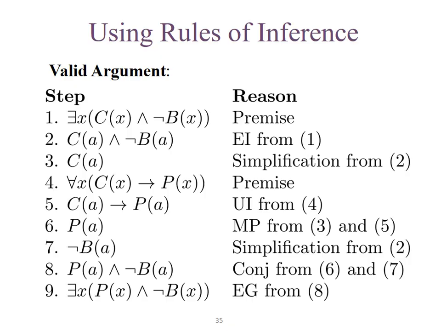Let's see the second premise: for all x, if C of x then Q of x. So we use the same element A, because in this domain everyone satisfies this property, including A. So if C of A, then Q of A. Right now we have if C of A then Q of A, and we also know C of A is true.